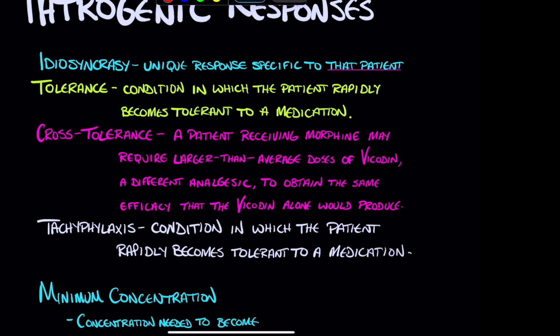If a patient's receiving morphine, for example, they might require larger than average doses of another analgesic, or what they have, Vicodin here, to get the exact same effect that the Vicodin normally would have. So basically, it's tolerance from one drug caused by a different one.